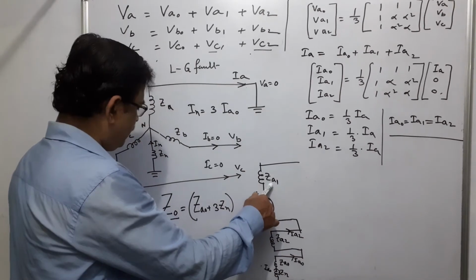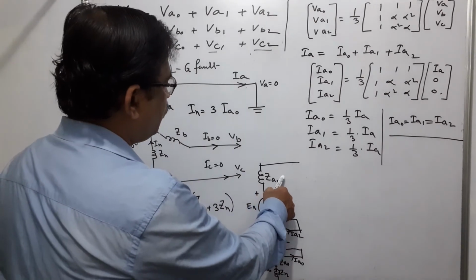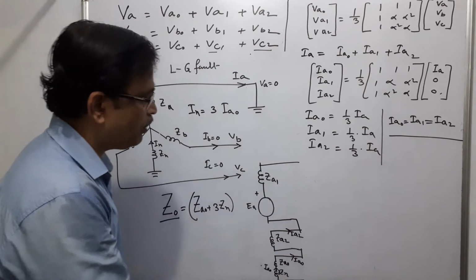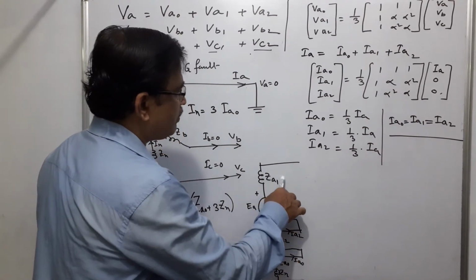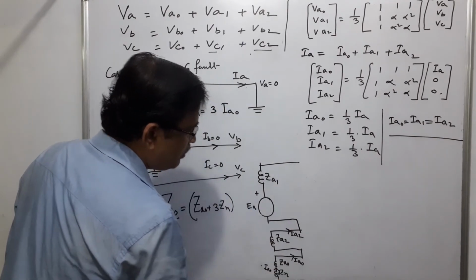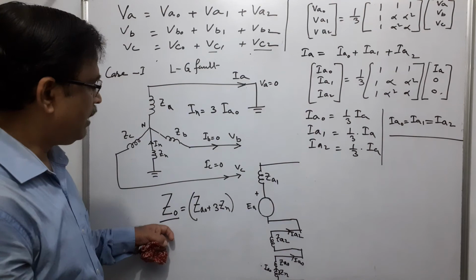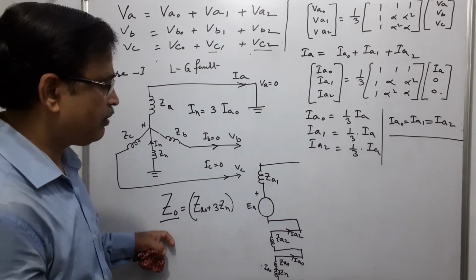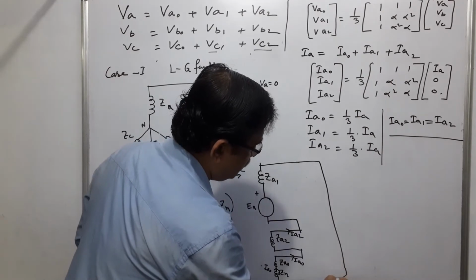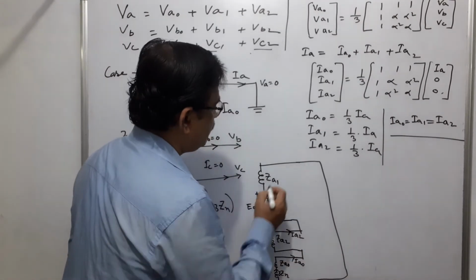Okay, and here we can say it is Z1, and here it is Z2. Positive sequence impedance, negative sequence impedance, and zero sequence impedance. Now how much current here?